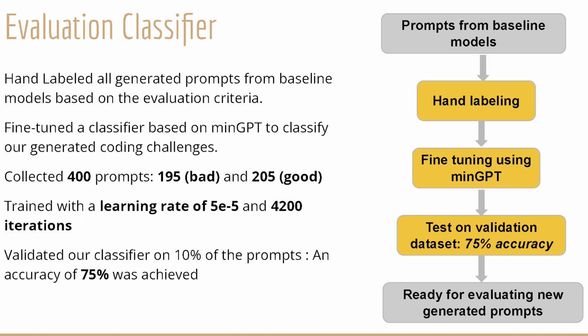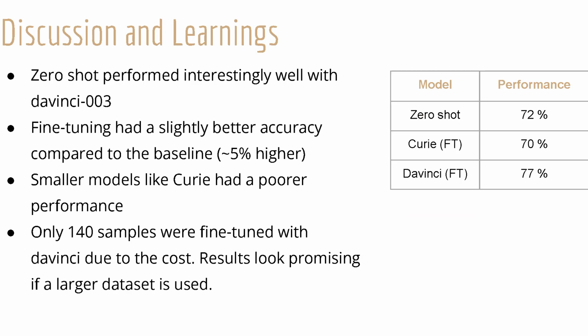And then we used the minGPT that we had in one of our previous assignments with a learning rate of 5e-5 and 4,200 iterations. And we were able to validate it on 10% of the data and to reach a 75% accuracy that can be improved if we collect even more prompts.